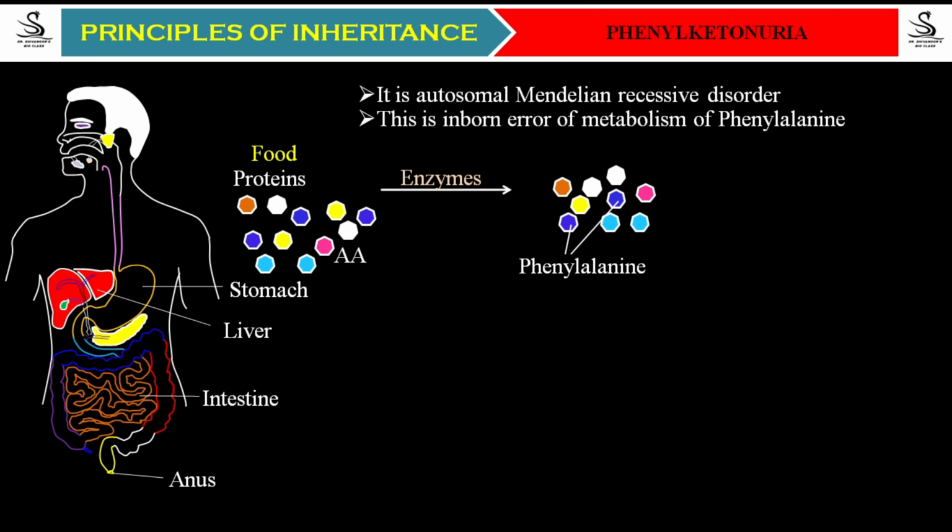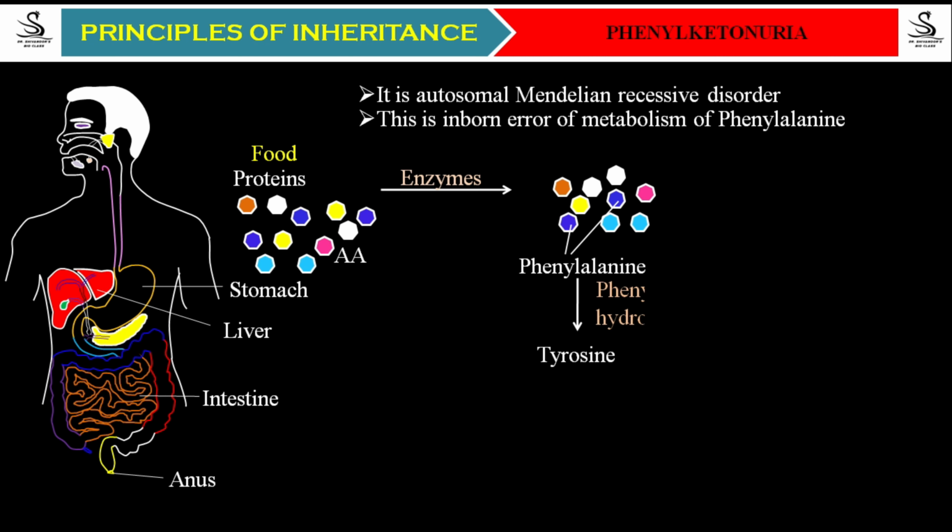Now phenylalanine is also transported after absorption. Do you know what happens with this phenylalanine? It gets metabolized. Whenever phenylalanine reaches the liver, it starts to convert into tyrosine. To convert it into tyrosine, an enzyme is required.